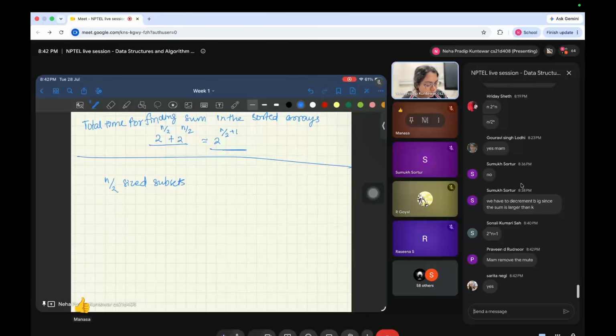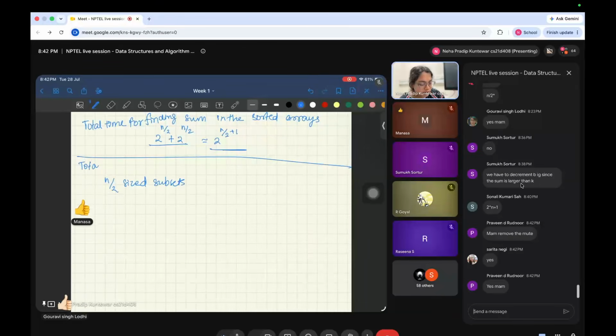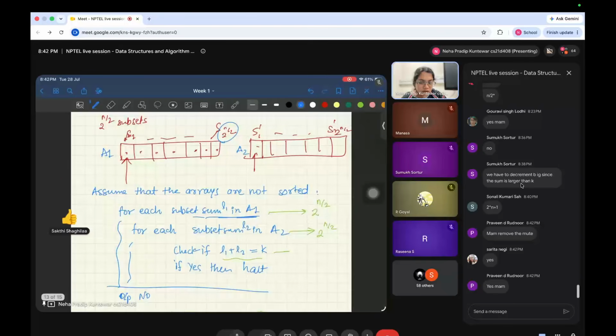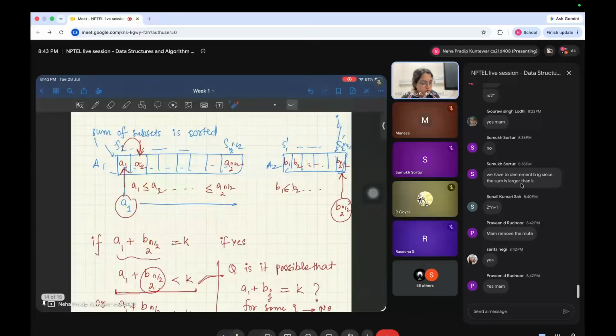Okay, so let's do the total time analysis. So what you did was you divided your array into two arrays, A1 and A2, and then you went through all possible subsets. So this was a brute force thing.